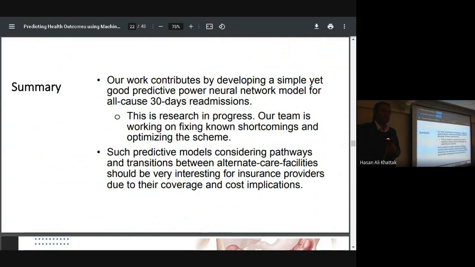So this was the first case. If we could predict hospital readmission, we could definitely save a lot of money, which I showed the number of at the beginning, and that money could be utilized for other purposes.